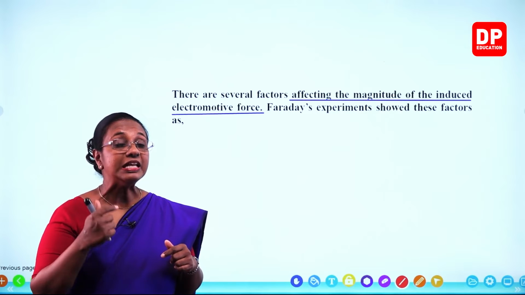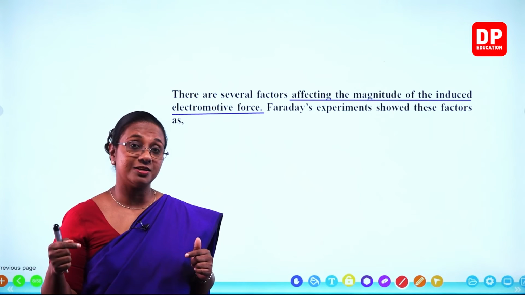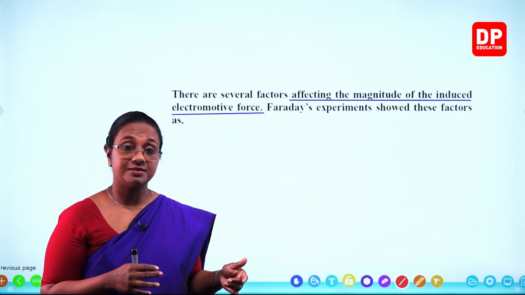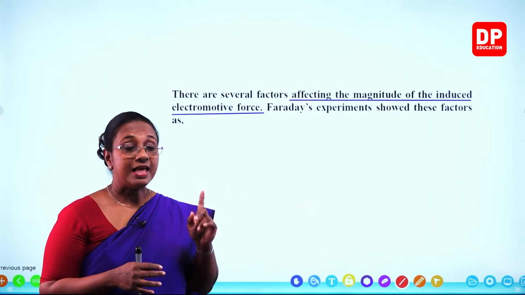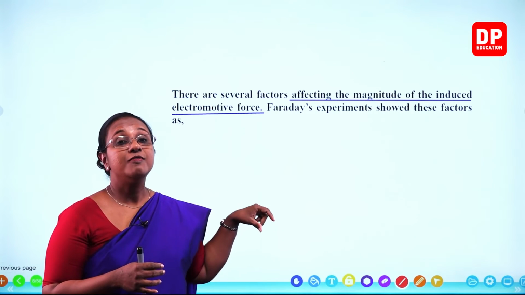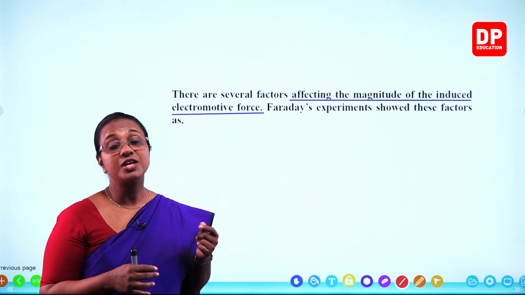When you increase the windings of the coil, or the number of turns in the coil, then the electromotive force induced increases. That is one. Then in the activity, you all were able to see when we move the magnet faster, the deflection was higher.